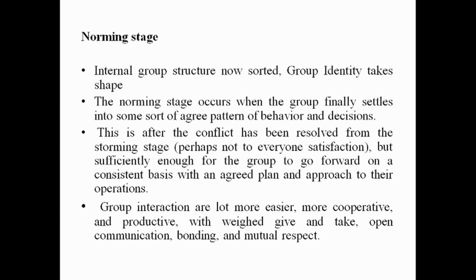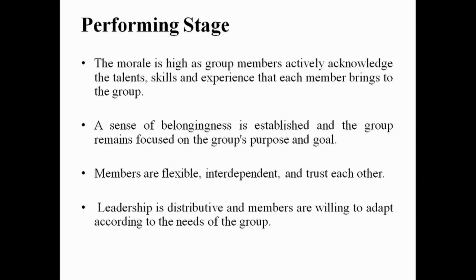This is after the conflict from the storming phase has been resolved sufficiently for the group to go forward on a consistent basis with an agreed plan and approach to their operations. So group interactions are a lot easier, more cooperative and productive, and we can see open communication, bonding and mutual respect among the group members. That's about the norming stage. And now we can move to the performing stage.